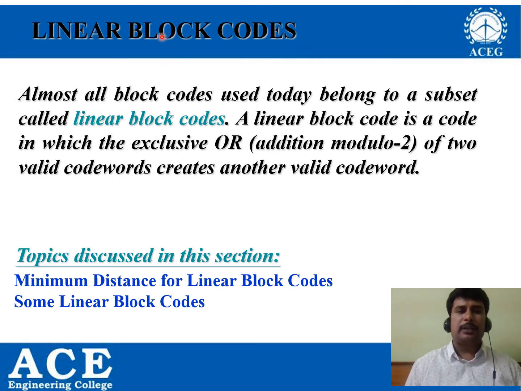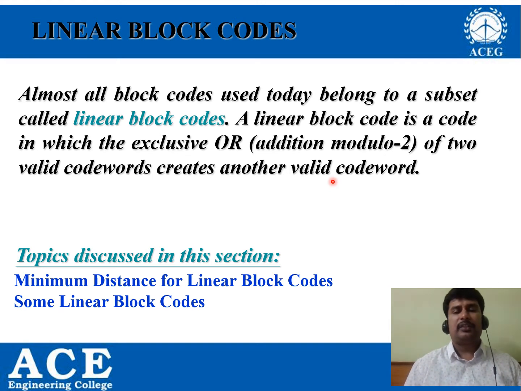Now what do we mean by linear block codes? Almost all the block codes which we are using today are subsets of linear block codes. A linear block code is a code in which the exclusive OR addition of two valid code words creates another valid code word.